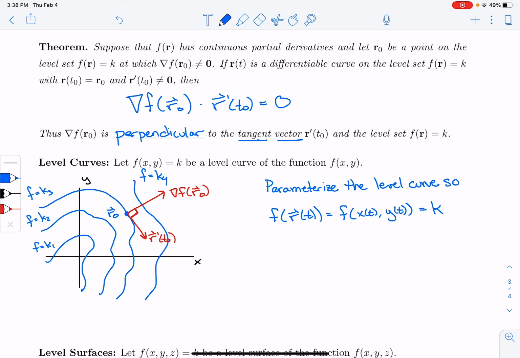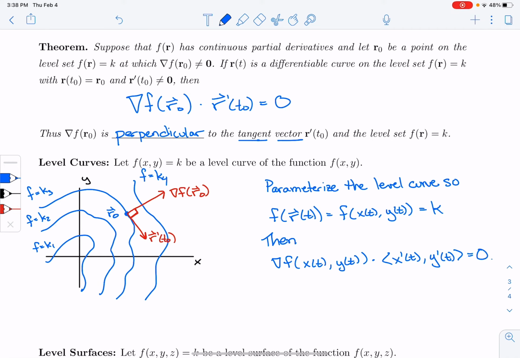And then what we're saying is that the gradient of f of x of t, y of t, dotted with the derivative of x of t, y of t, so x prime of t, y prime of t, that dot product is going to be 0.